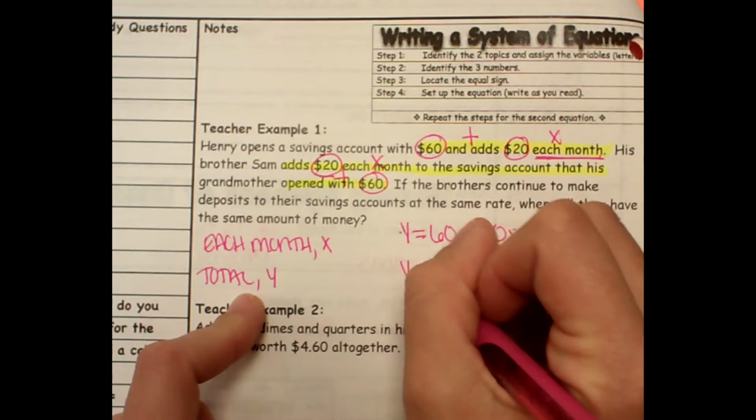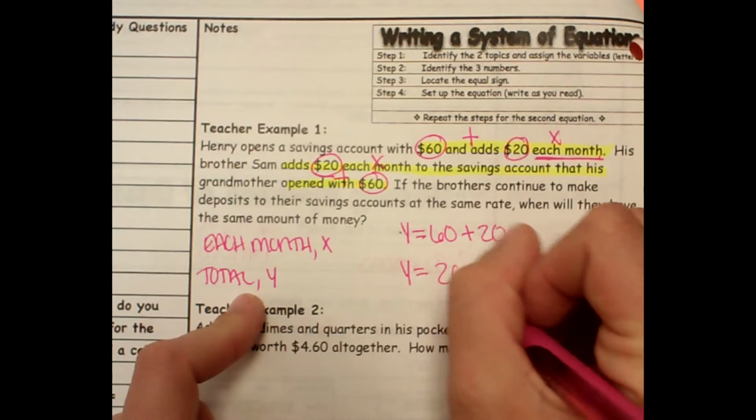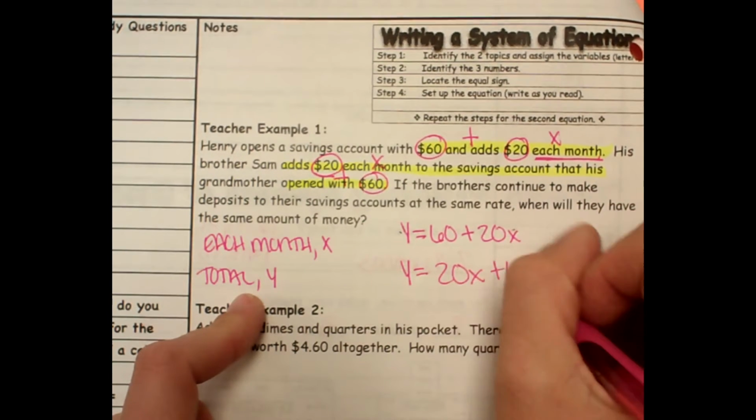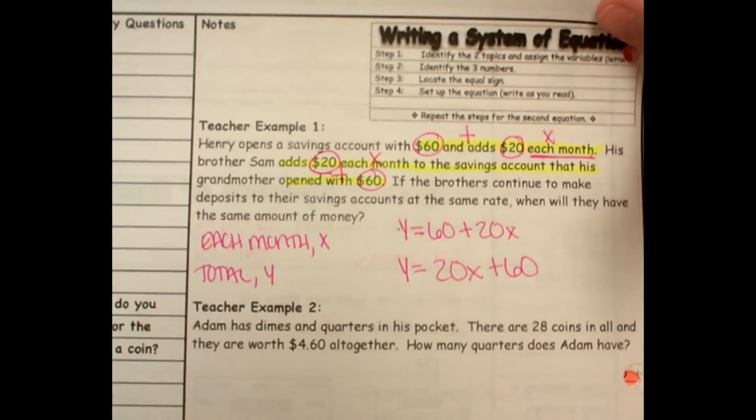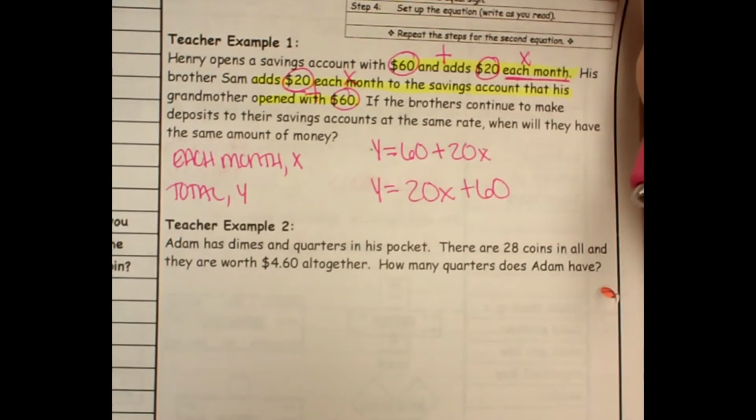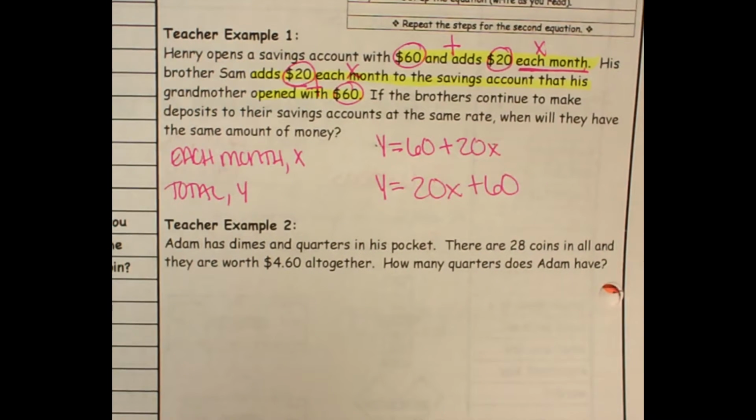So my total Y is equal to 20X plus 60. We'll learn how to solve them later. Right now, all we're doing is writing our equations. We're just going to write them out, we're going to change our words into math.